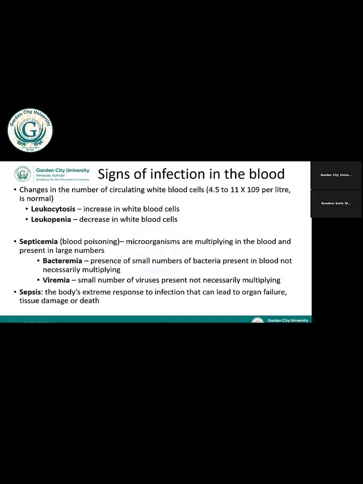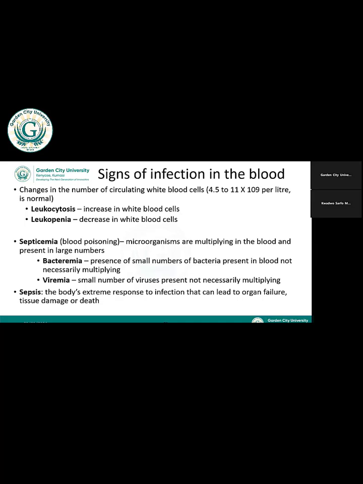Sometimes patients come and blood samples are taken and we could use the white blood cell or the other blood cell types to know the signs of an infection in the blood. Sometimes not only in the blood, you can also use the blood cells to know the conditions in other sites of the body.